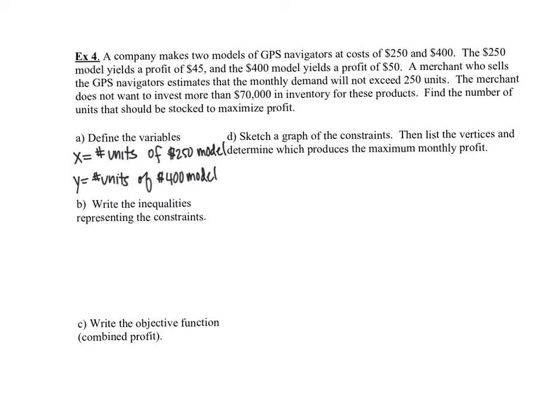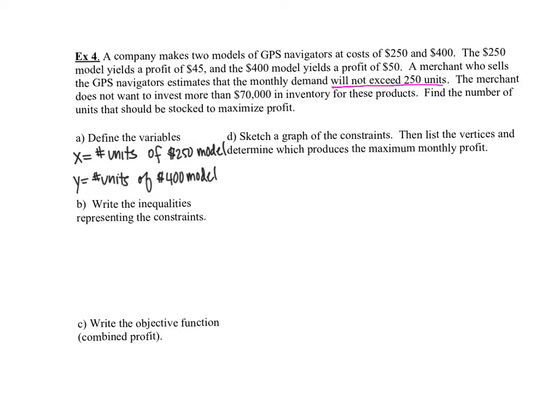Okay, B, I'm going to write the inequalities representing the constraints. So they're telling me any limitations. The merchant who sells the GPS navigators estimates monthly demand will not exceed 250. Okay, will not exceed sounds like an inequality.